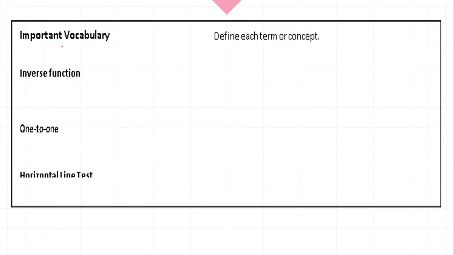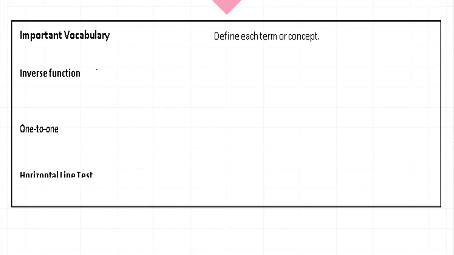An inverse function is, we learned, when your x and y, your domain and your range, are switching. The domain and range of one function becomes the range and domain of the other function.